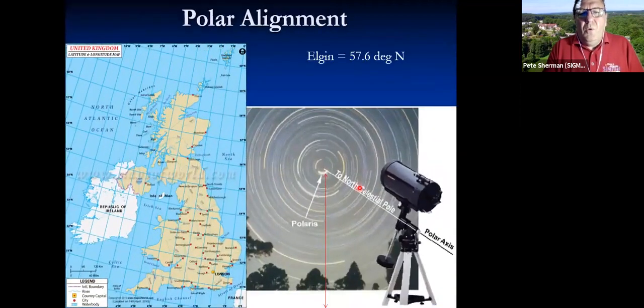So polar alignment, what you need to do if you were to remove the telescope here, or if you're using a telescope and attach the camera to it even, you've got to polar align your camera to the sky. Now, a lot of telescope mountings now have a polar alignment scope in here, so you can line up to the North Star.